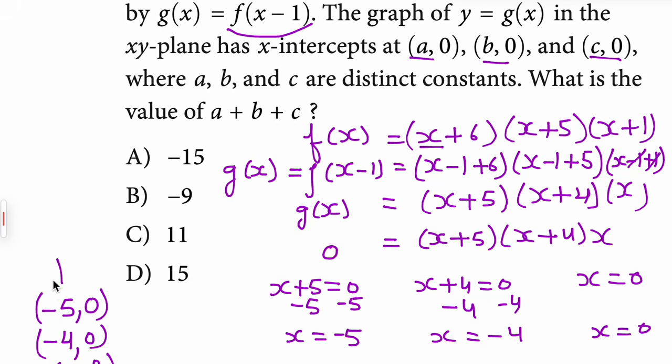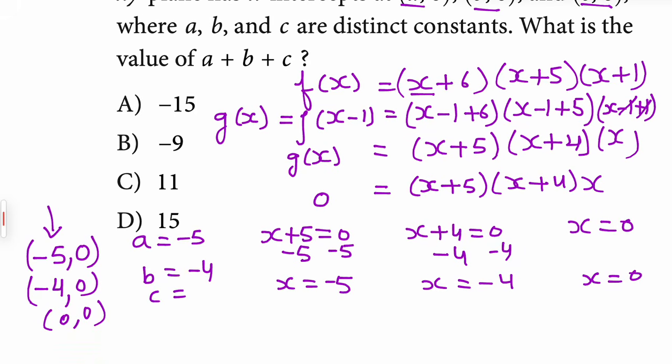That means a is negative 5, b is negative 4 and c is equal to 0, right? Now what the question needs is a plus b plus c. That means negative 5 minus 4 plus 0, is equal to negative 9. So that means B is the right option.